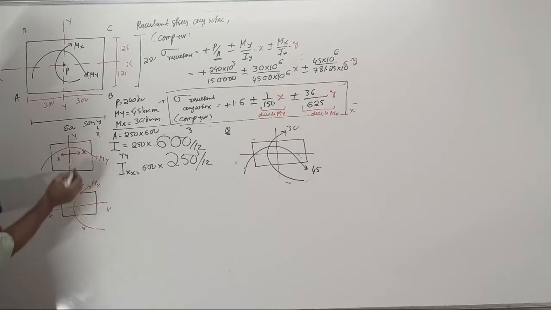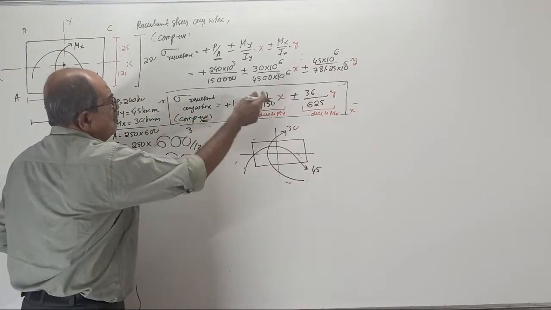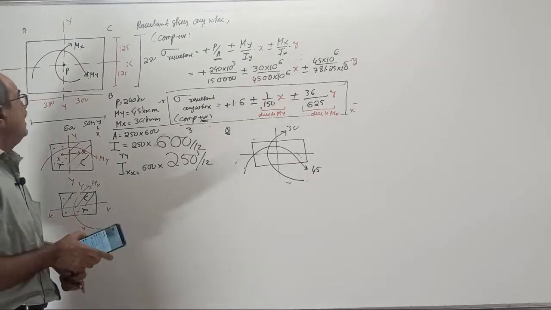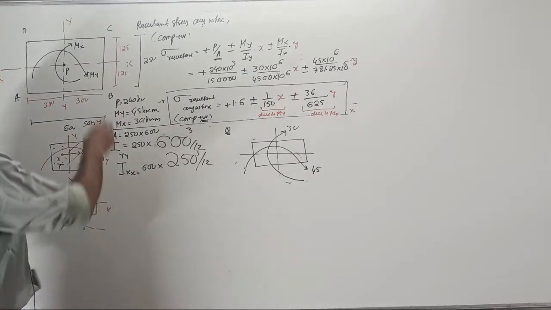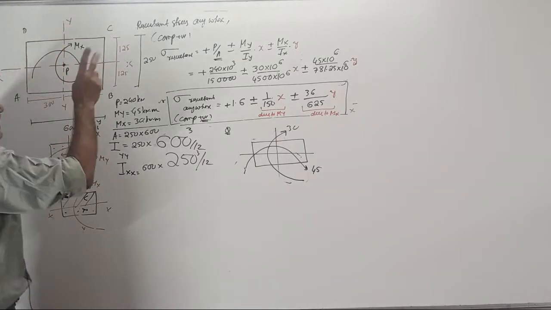Now, here, this side compression, this side tension. On that basis we took compressive as positive and got the equation. Then, just to understand the principle, we found stresses at random points somewhere here, here, here.